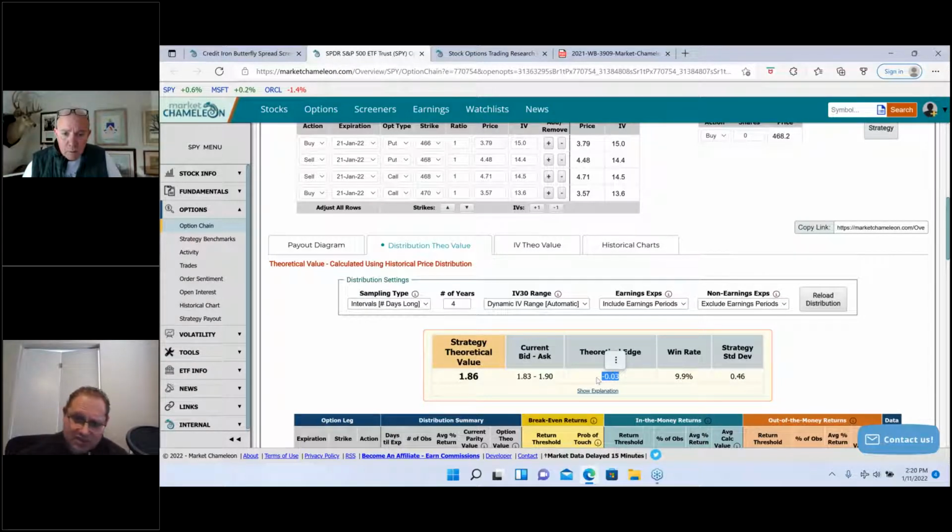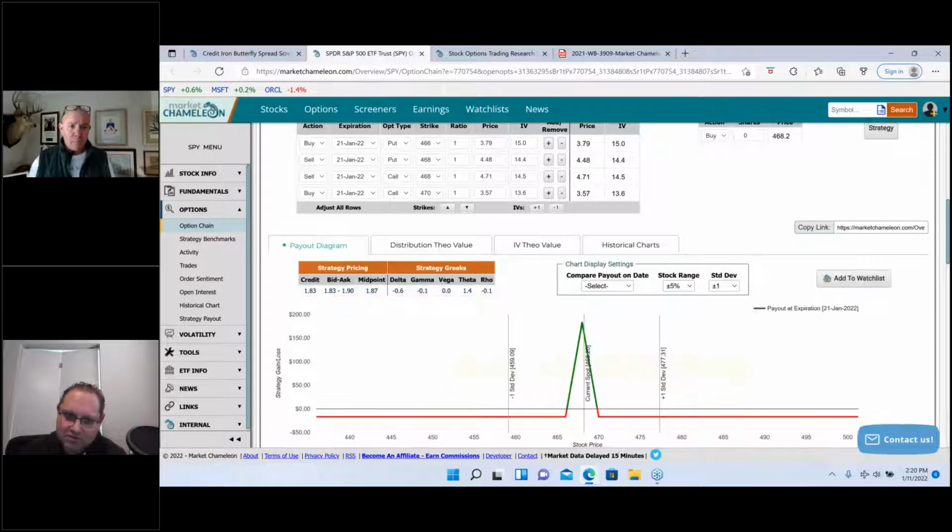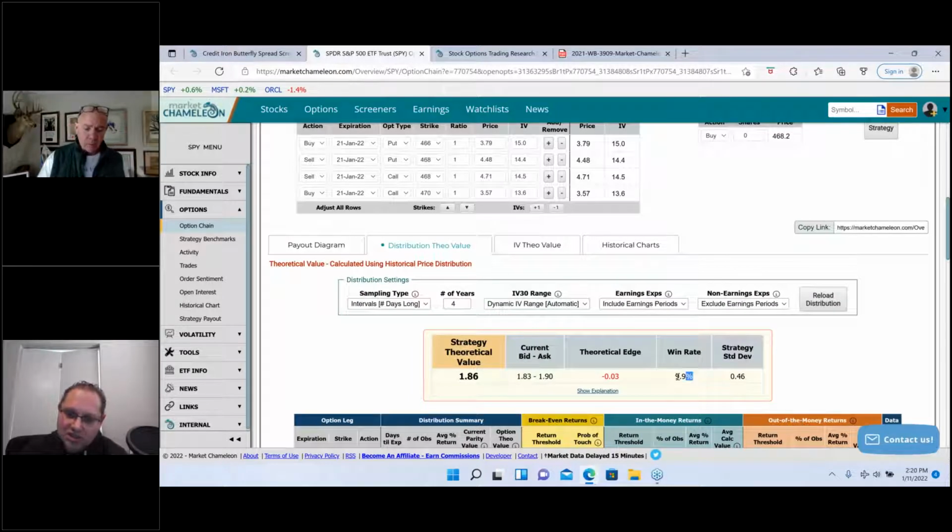All right, and that's based on how the stock moved, actual realized returns of the stock over 4 years in SPY over a 7-day period. And this win rate is showing us that if you did a similar trade at $1.83, it resulted in a profit only 9.9% of the time.